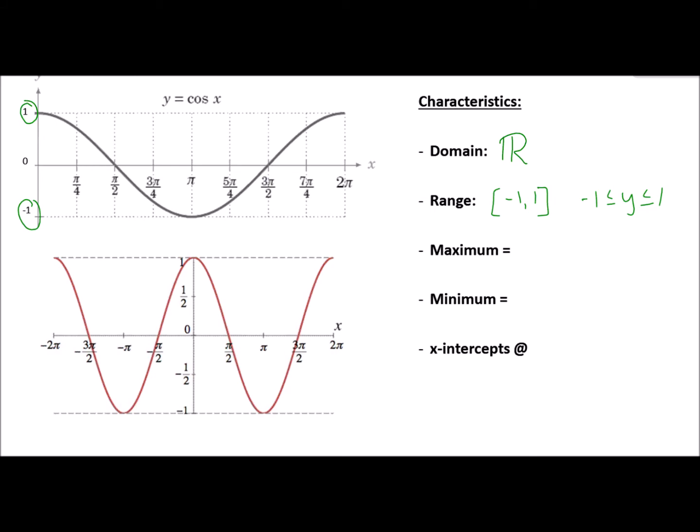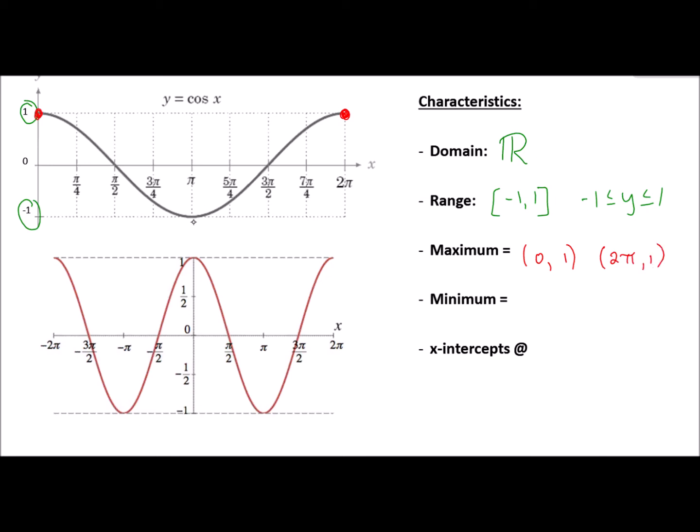Now, though, as far as max, min, and intercepts go, they have opposites. On sine, it started at (0, 0). For cosine, it actually starts up here at the maximum. So that one happens at (0, 1). It starts at a maximum, which means it's going to end at a maximum because that's how one full cycle goes. So the other maximum happens at (2 pi, 1).